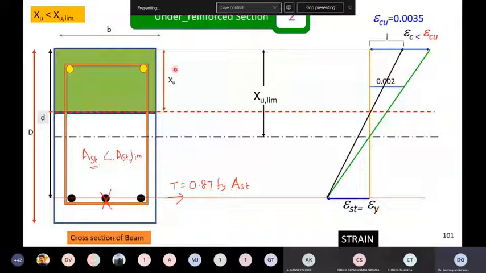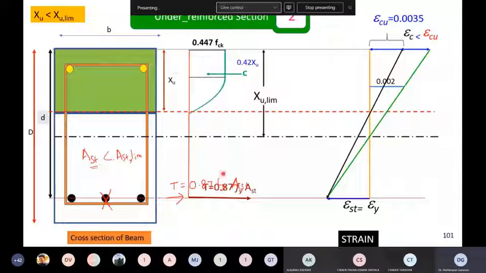Okay. So now, if you see here, erase this.